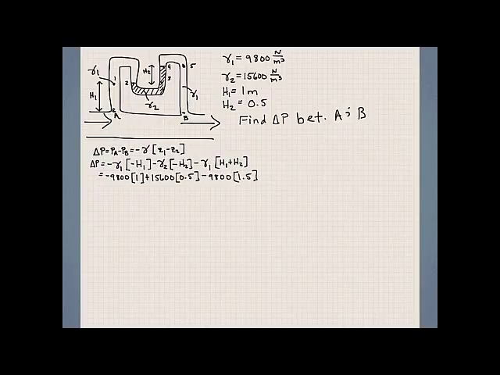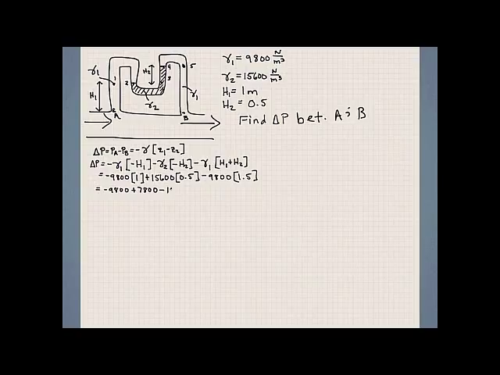So let's go ahead and plug this into our calculators. So we have negative 9,800 plus 15,600 times 0.5, 7,800, minus 9,800 times 1.5.